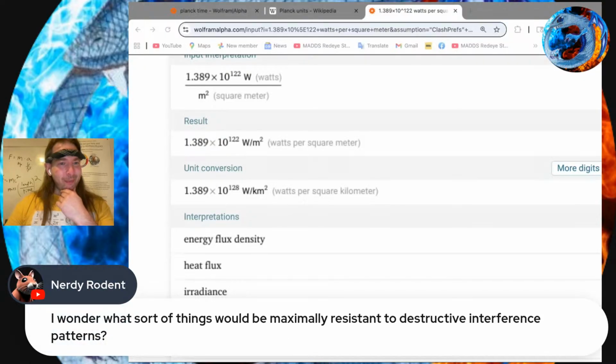What sorts of things would be maximally resistant to destructive interference patterns? I saw the beginning of an interesting video where apparently Google or Microsoft, some big company, had a recording studio with a room full of insulation made of all these different materials. Long story short, it's supposed to have negative sound capacity.